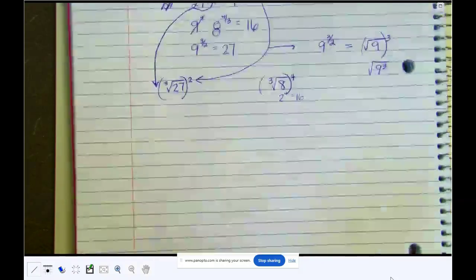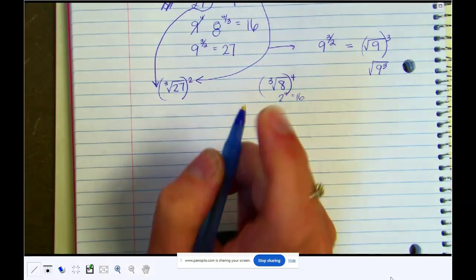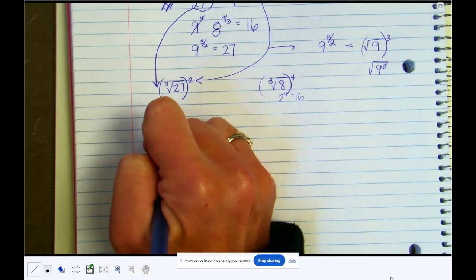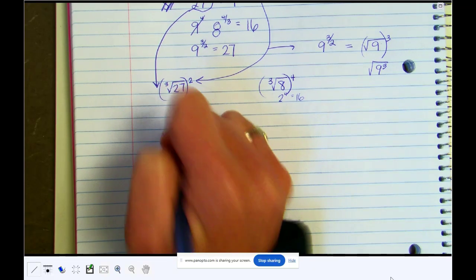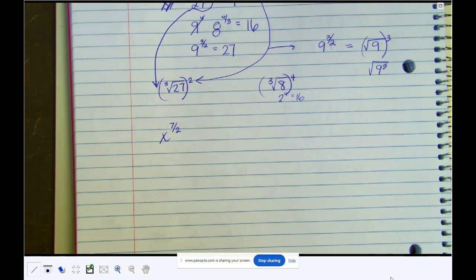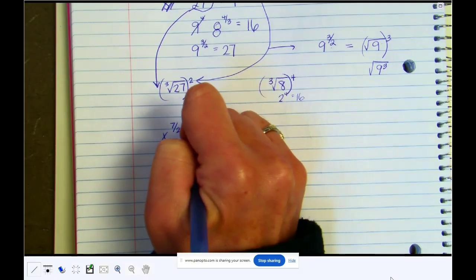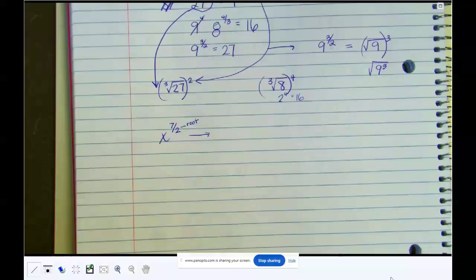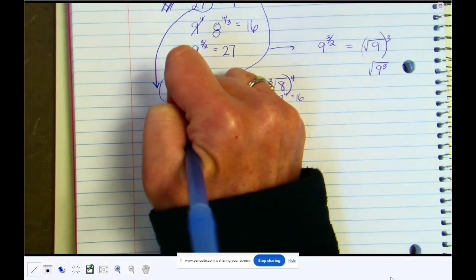Okay, let's practice this with letters first. Let's say we have x to the 7/2. I want you to remember, the bottom number is the root. The top number is just an exponent.